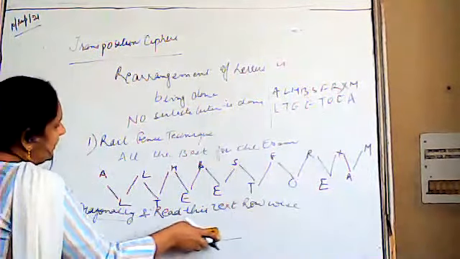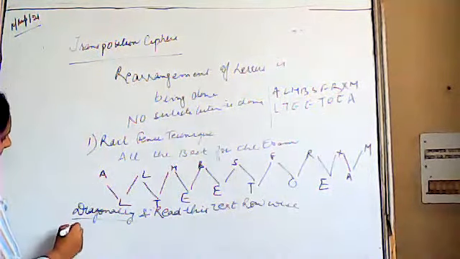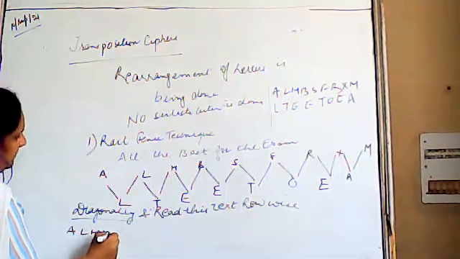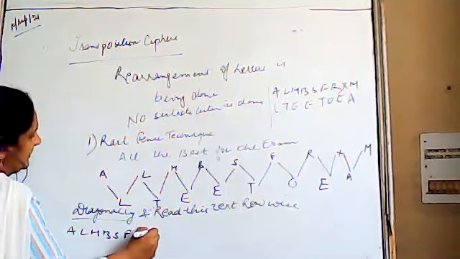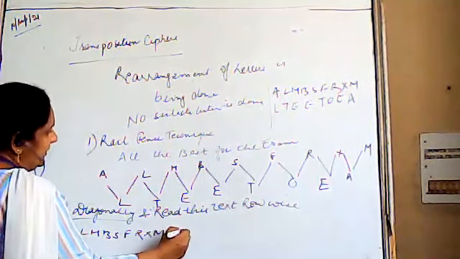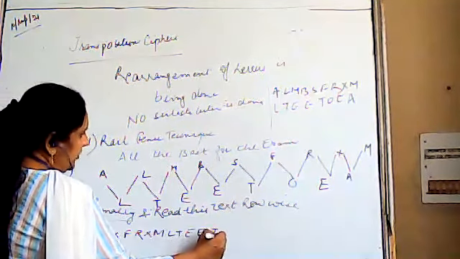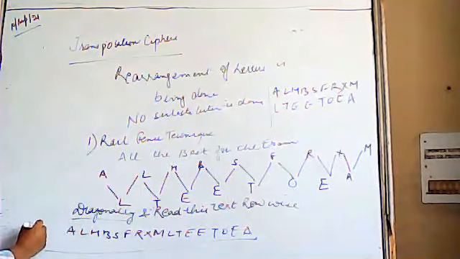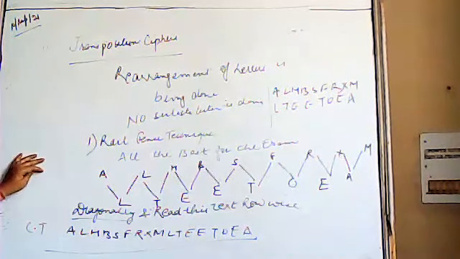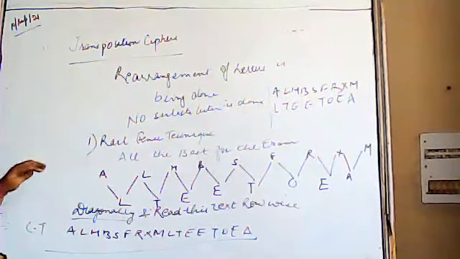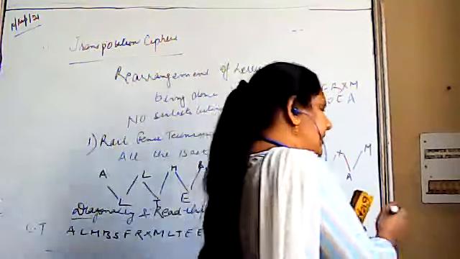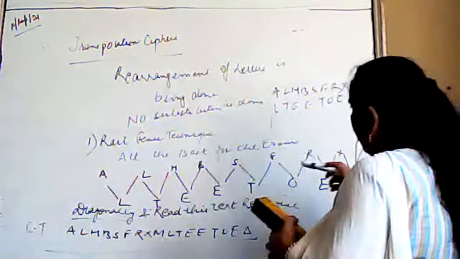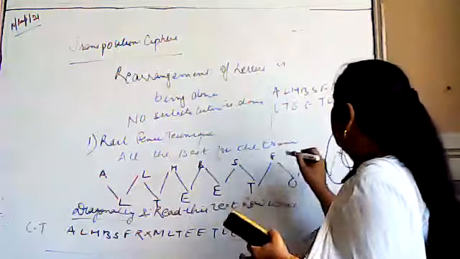So if I write this text completely here, it will be A L H B S F R X M, then L T E E T O E A. So this is the ciphertext which we will get using the rail fence technique. That is, you have to write the text in the form of this.